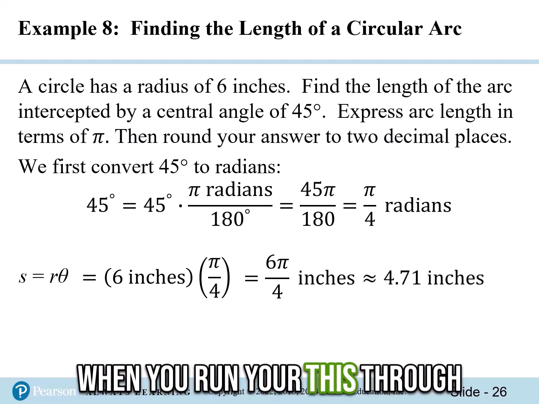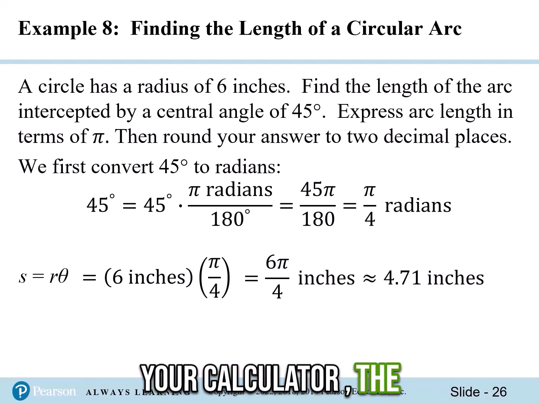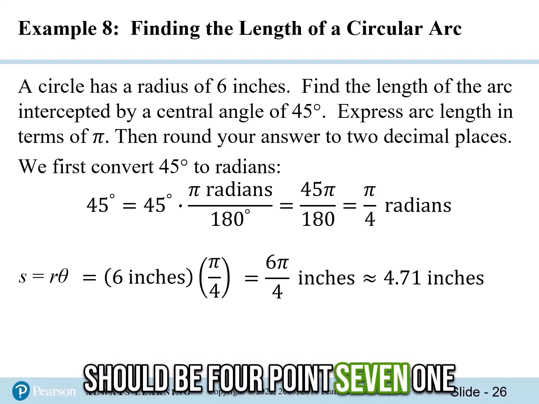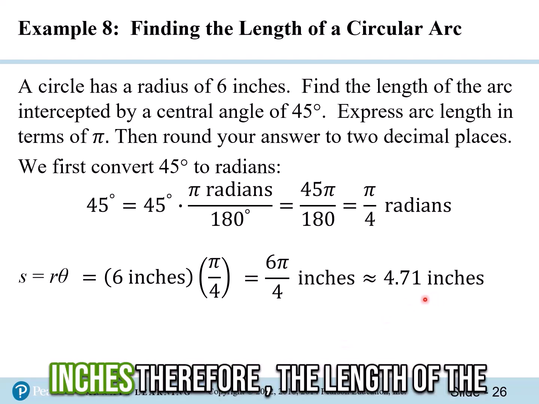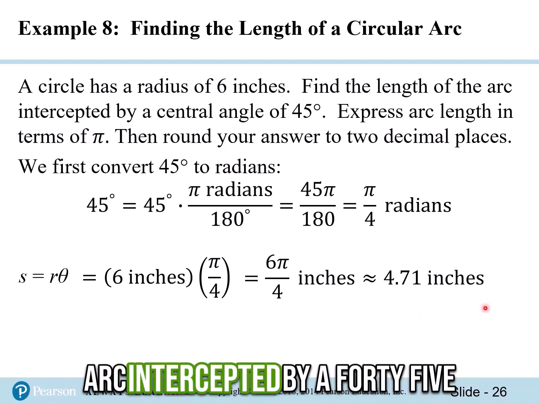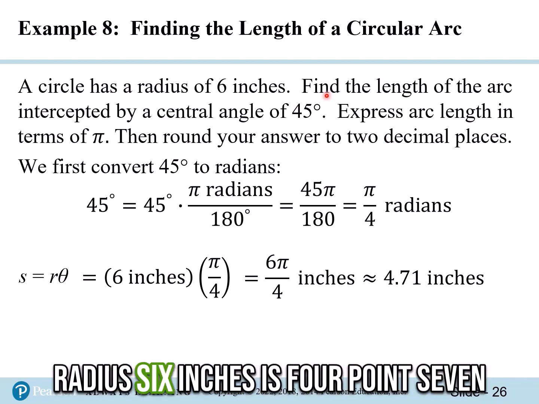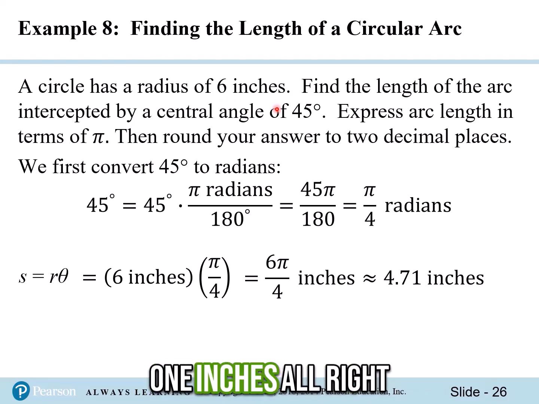When you run this through your calculator, the length of the intercepted arc should be 4.71 inches. Therefore, the length of the arc intercepted by a 45-degree central angle in a circle of radius 6 inches is 4.71 inches. All right?